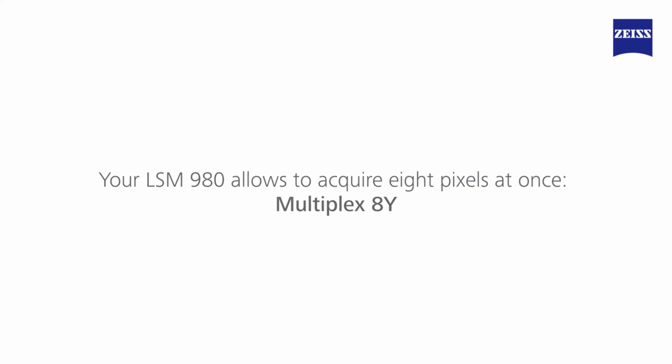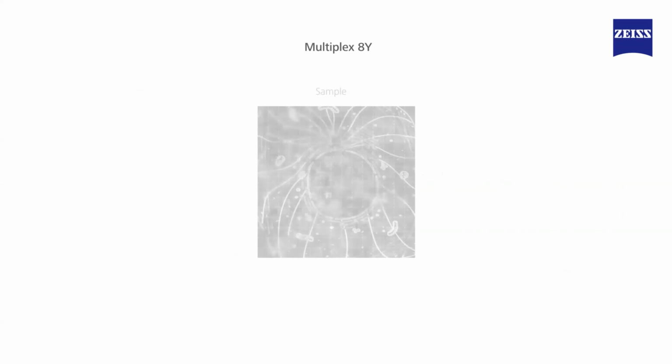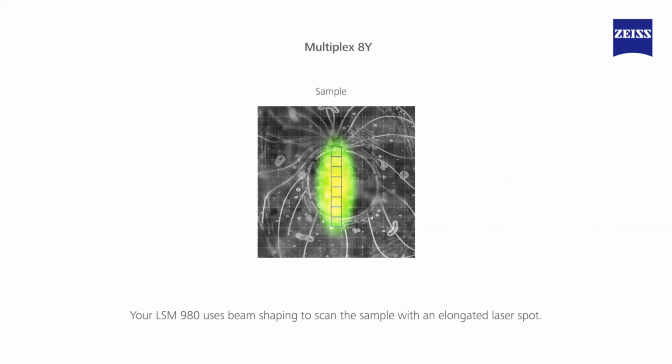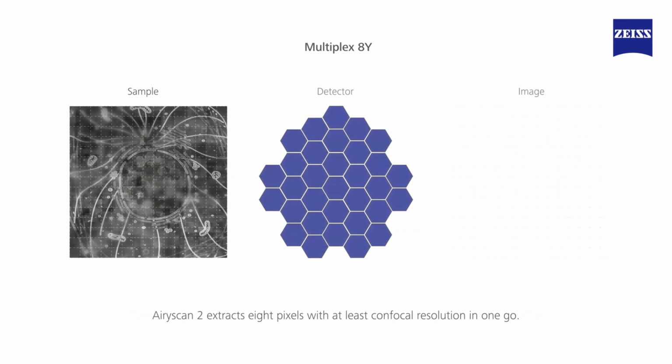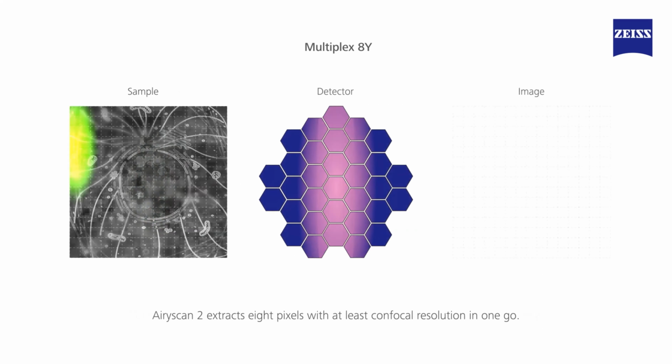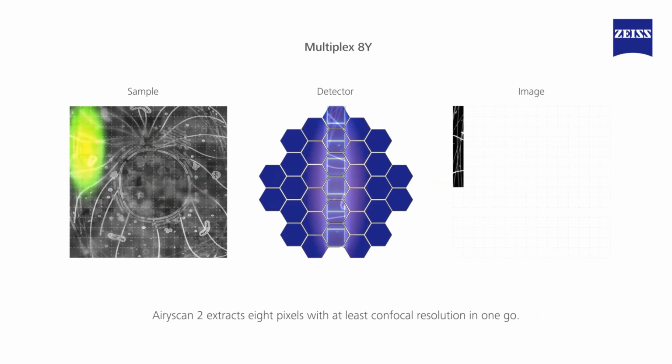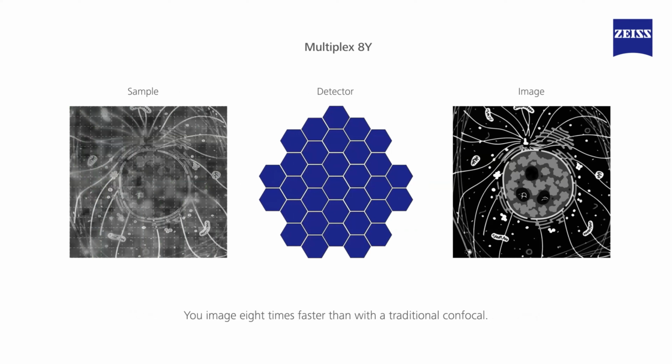And if we shape the beam the way we did with the LSM 880 on fast mode, we take that point source and expand it into an elliptical profile like so, and we're able to illuminate more of these pixels as a result. Therefore, we can do up to 8 different pixels at a time, resolve those on the Airyscan detector, and speed ourselves up even further. Does that make sense?